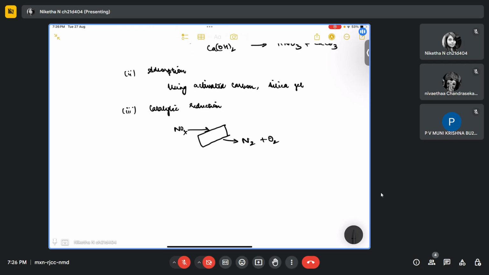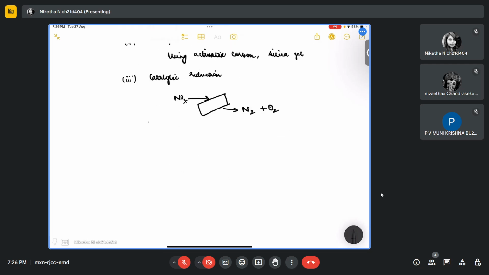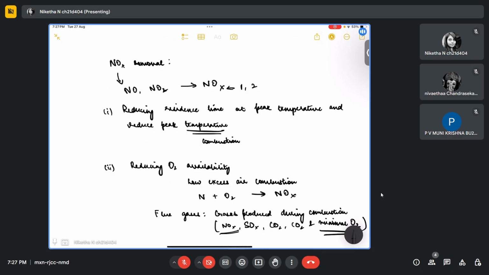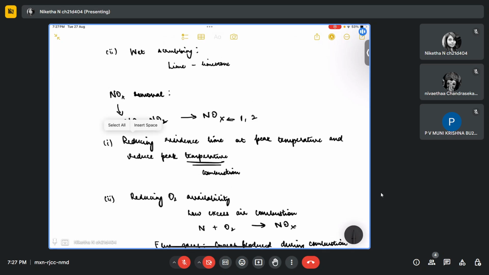So this catalytic reduction can be of two types. First one is selective. So this means that only NO can be used in this catalyst. Like I said before, NOx can be either NO or NO2.